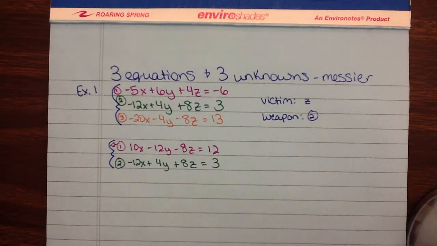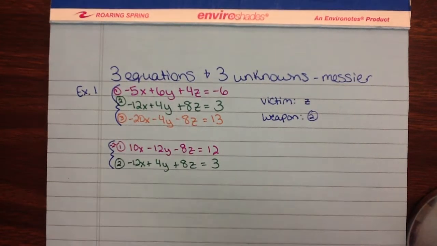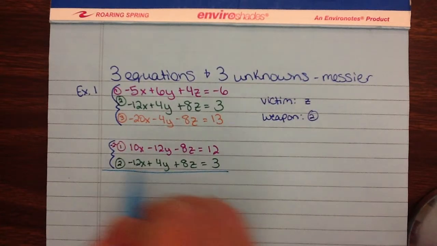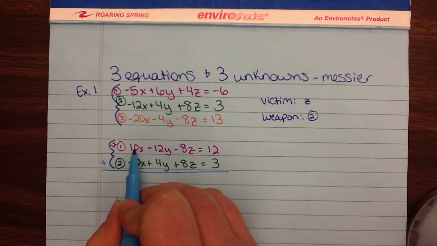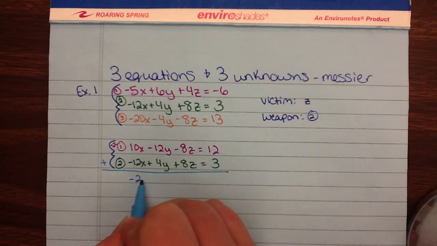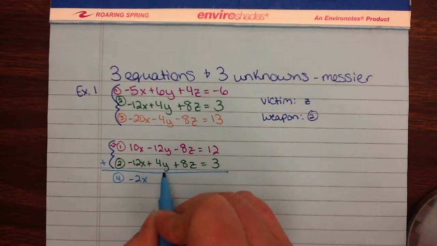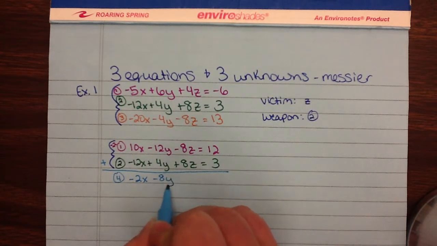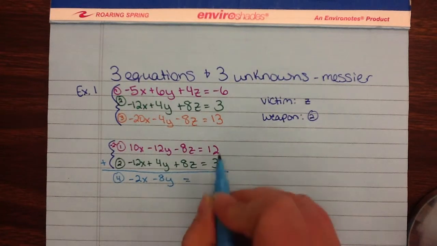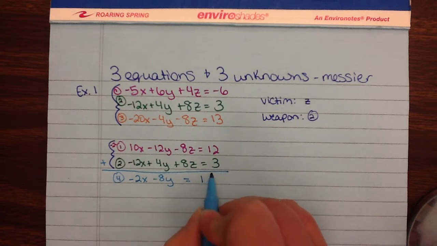So I've got that all going on. Now I'm going to add these together and get my equation 4. Hopefully my z's will cancel. Yep, they do. So 10x minus 12x gives me a negative 2x for equation 4. Negative 12y plus 4y gives me negative 8y. My z's cancel, and 12 plus 3 gives me 15.